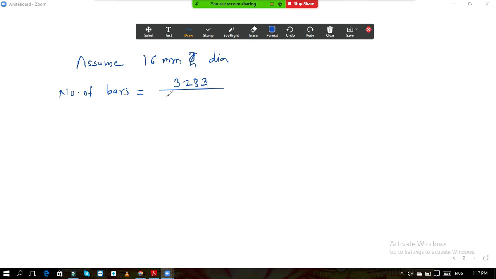Area of single bar is pi by 4 into 16 square. So let me know how many number of bars. It is 16.32, which is nearly equal to 17 numbers. 17 number of bars. Okay.